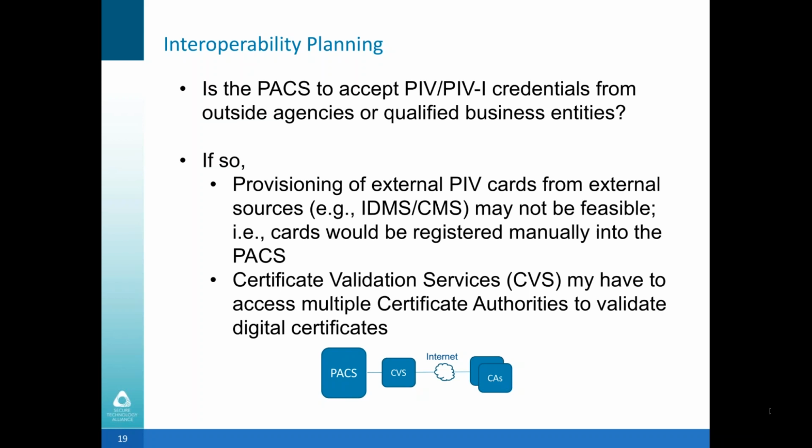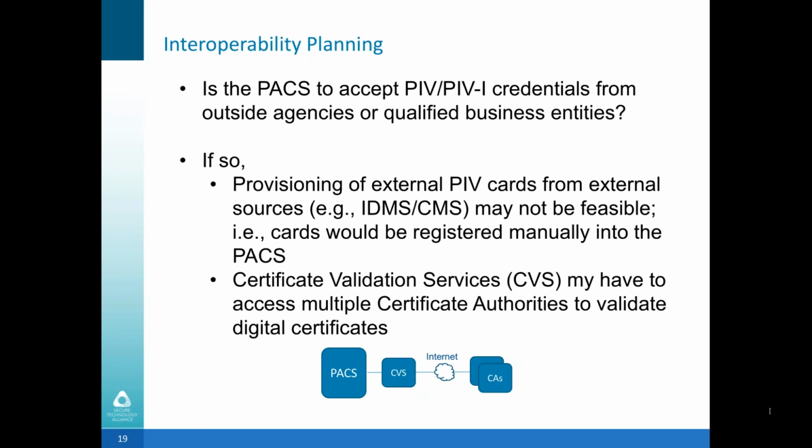Not only from different agencies, but the PIV cards themselves could be issued by different PIV credentialing systems, and those cards and credentialing system issuance would entail different certificate authorities.